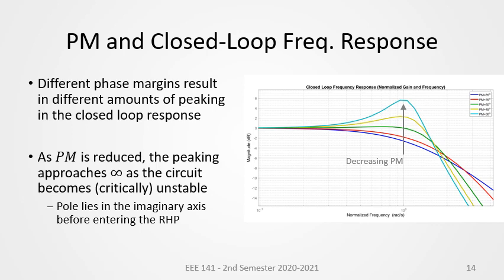The closed loop gain will have an infinite magnitude at the loop gain unity gain frequency if the closed loop poles lie exactly at the imaginary axis. This is the boundary between being stable and unstable before the poles enter the right half plane of the S-plane.